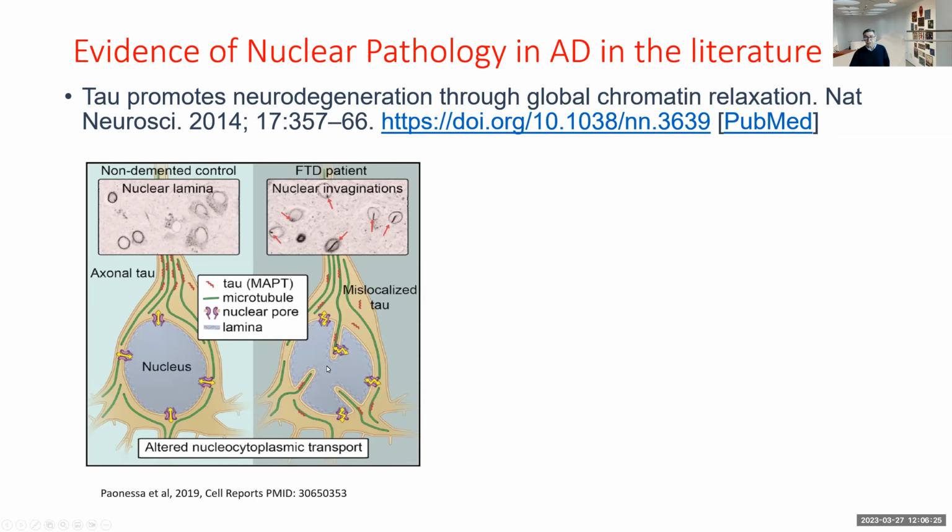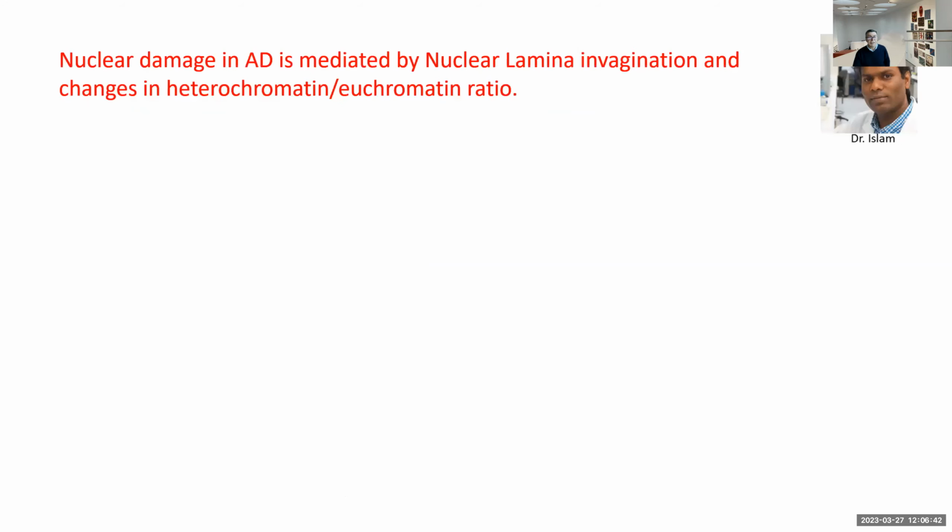A series of events happens that I'd like to summarize here, and then these cause long-term changes in gene expression and function of the neuron, which eventually will compromise the neuron survival and cause neuronal loss.